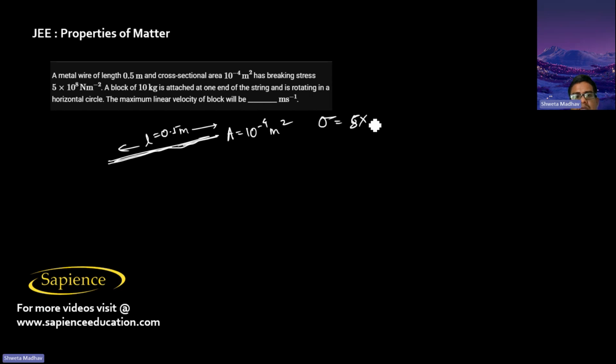And here it is told a metal wire is there, which is of length 0.5 meter and area of cross section is 10 power minus 4 meter square. It has a breaking stress of 5 into 10 power 8 Newton per meter square.